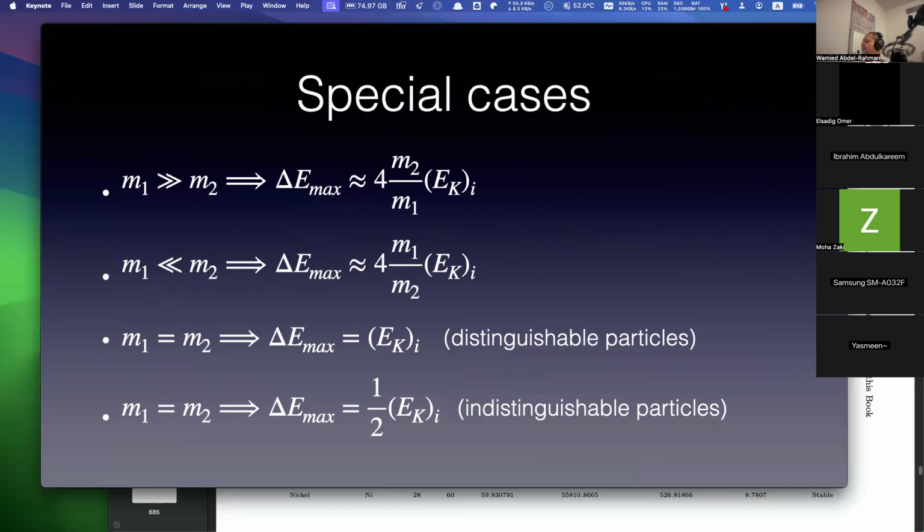Let's look at the other case. The other case is when M1 is much smaller than M2. So we have an electron hitting a proton. The proton is the target and the electron is the projectile. So everything is reversed. So here we have M1 over M2. Okay, so the maximum energy change, it could be very high.